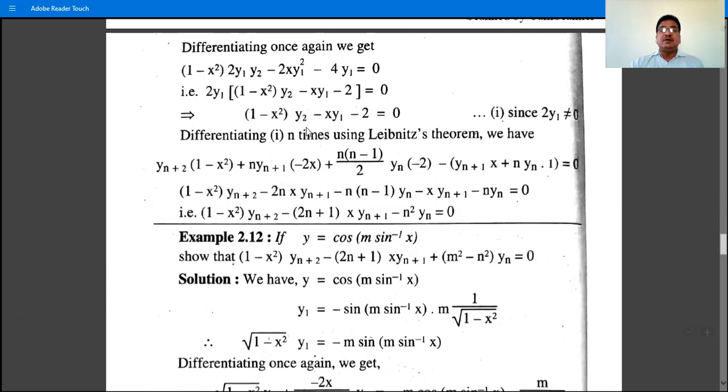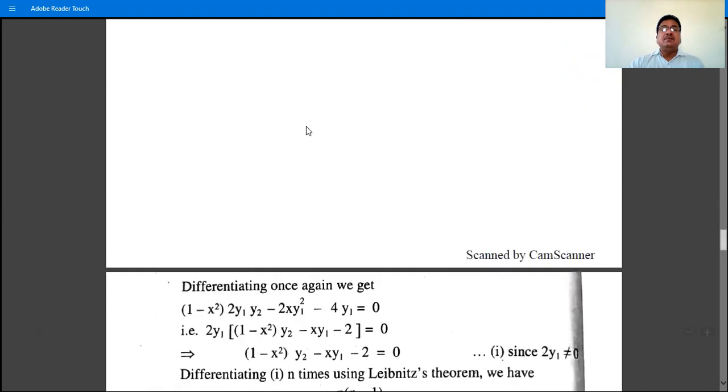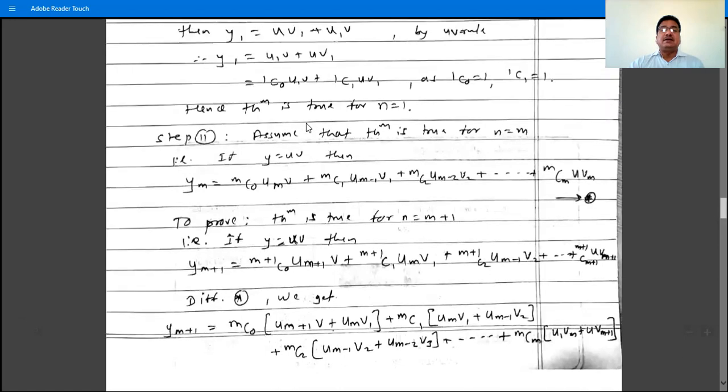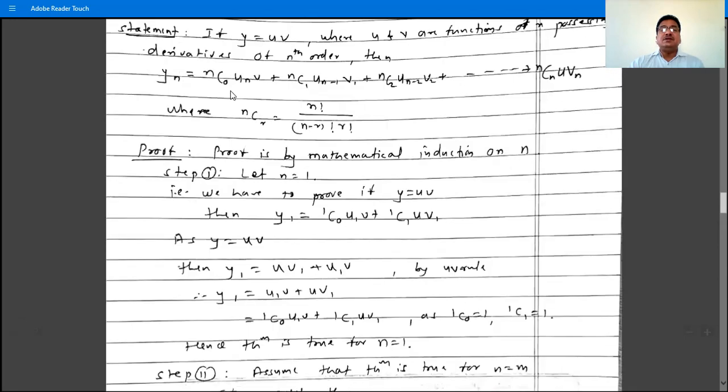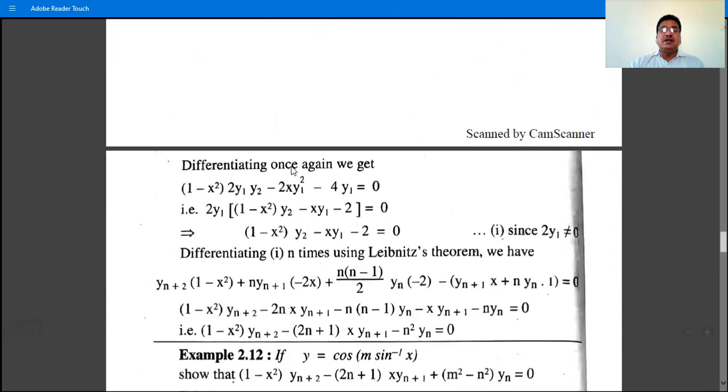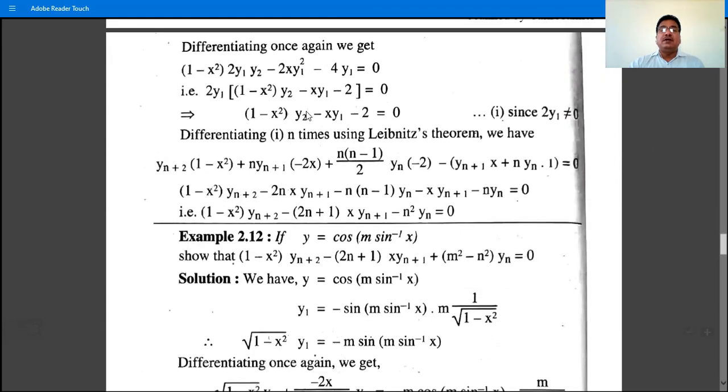So what is the first term of the Leibniz theorem? This is the first term: nC0, which is 1, times u_n v. What is u_n? u_n means the nth order derivative of y2, and it is y_(n+2).